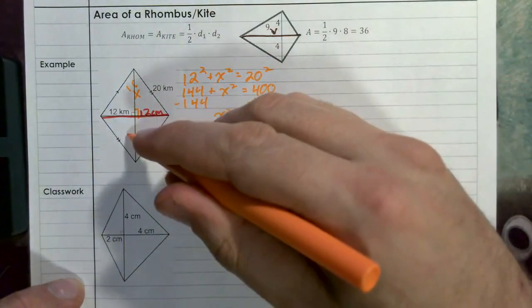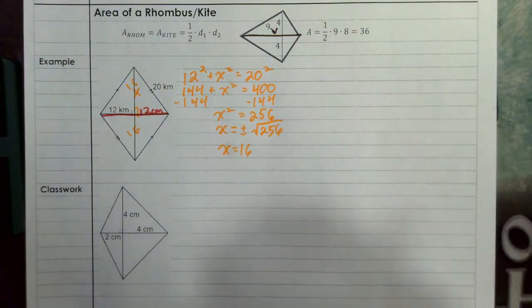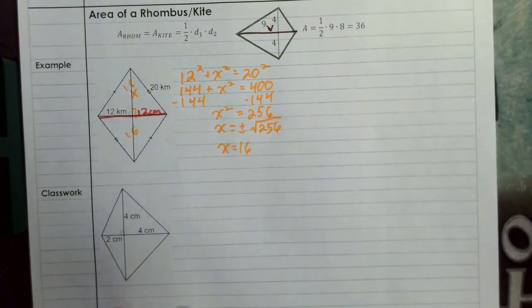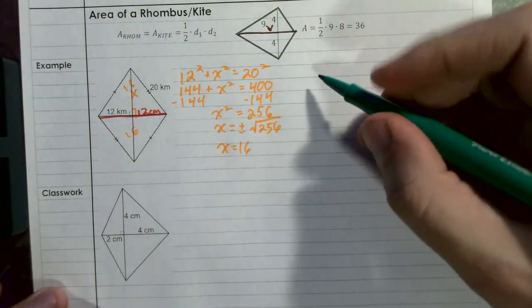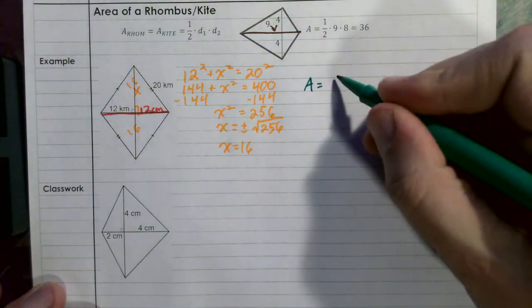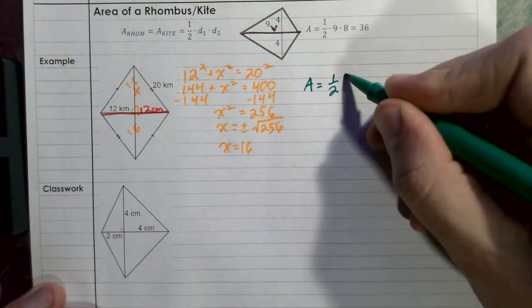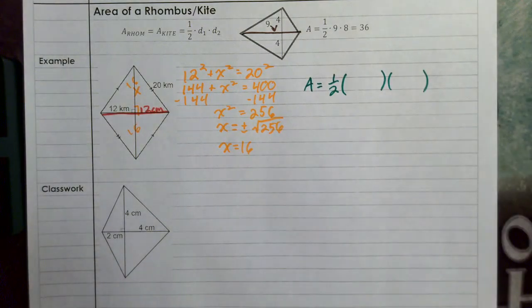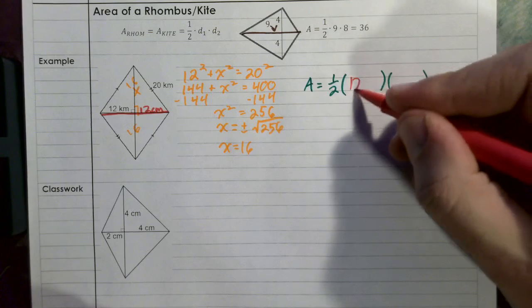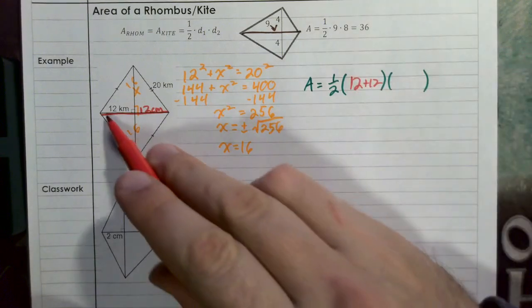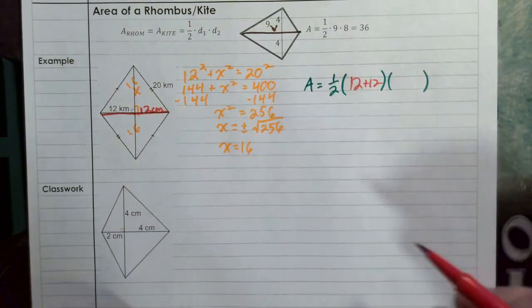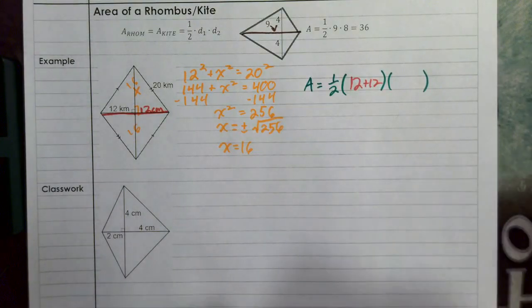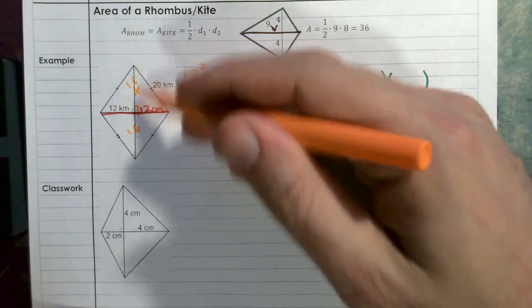So that's 16 and that's 16. So we can find our area of this rhombus. It'll be 1/2 our first diagonal times our other diagonal. So we've got the red diagonal, which is 12 plus 12, because we don't want just this part of it. We want all of it. And then we've got the other diagonal, which is 16 and 16.